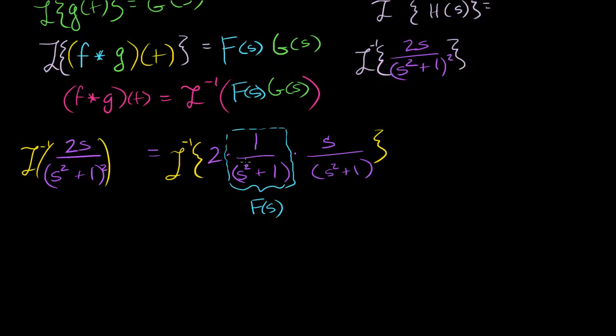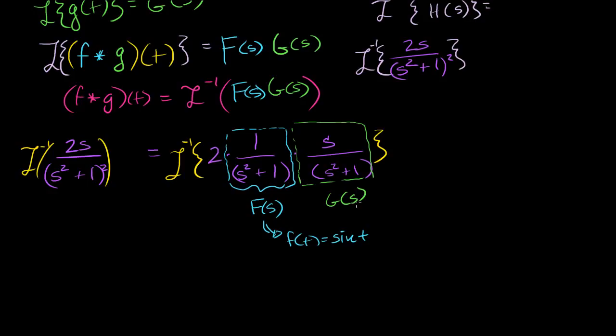And if we draw a little box around this one, this is the Laplace transform of cosine of t, G of s. So this implies that f of t is equal to sine of t. You should recognize that one by now.